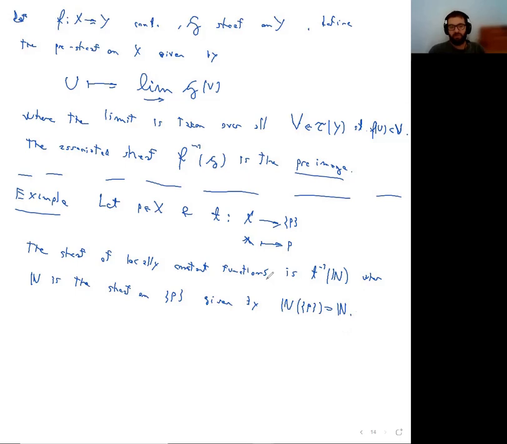So I'm just saying that you can think of the sheaf of locally constant functions with integer values on X simply as the pre-image of the constant sheaf on a point.